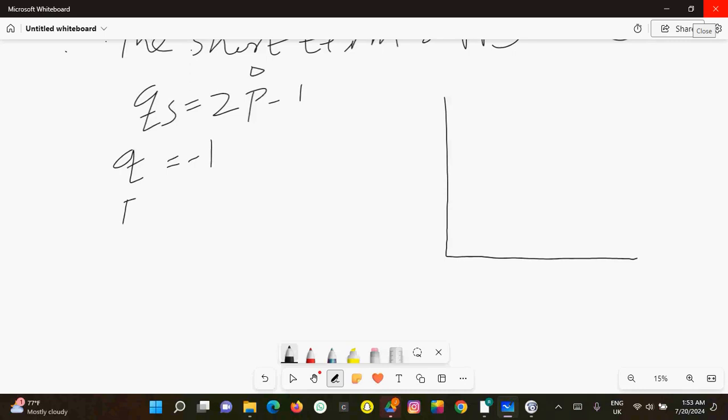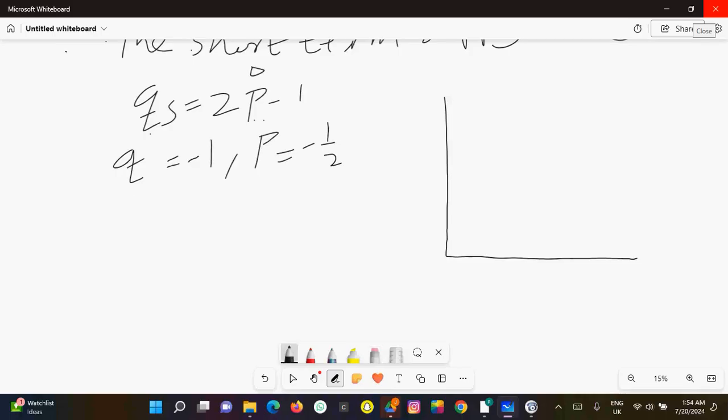And then when P is 0, Q will be equal to negative half. I don't know if you get it, because we did something like this.